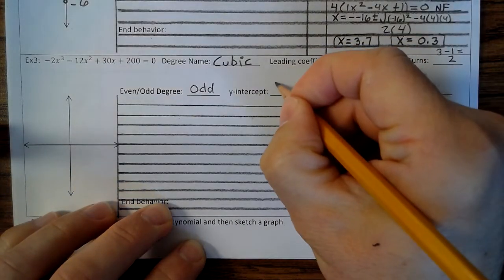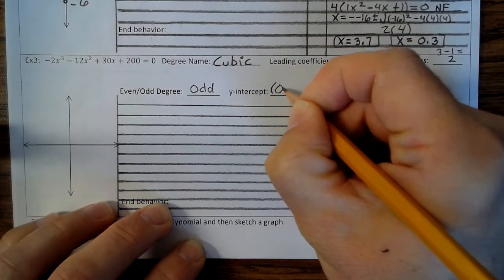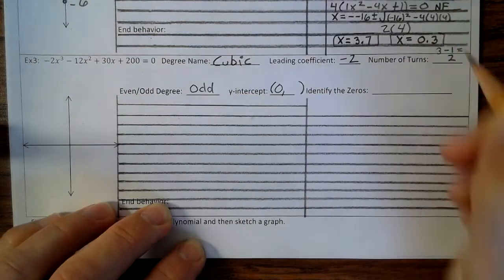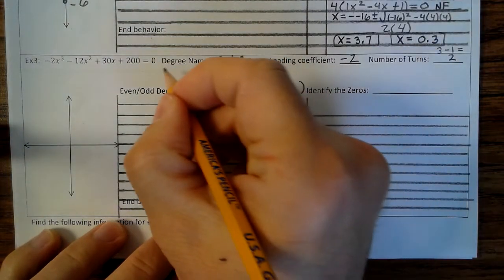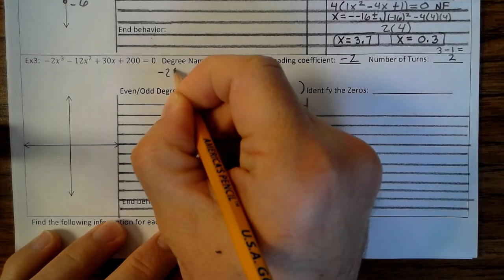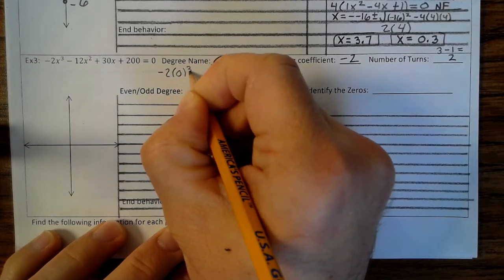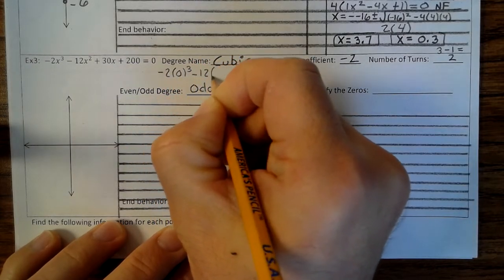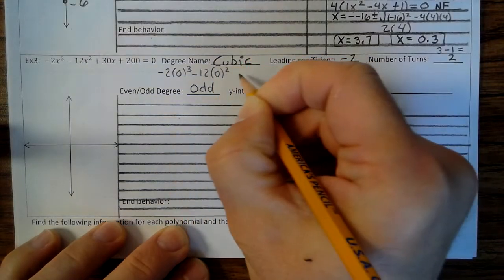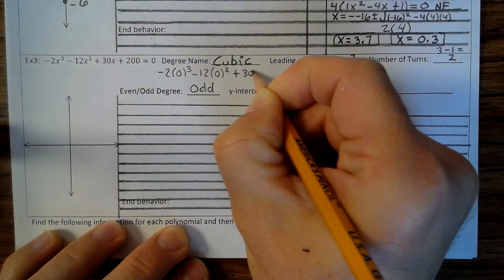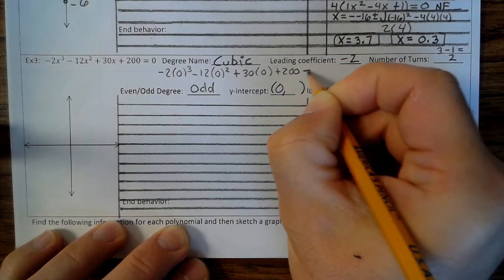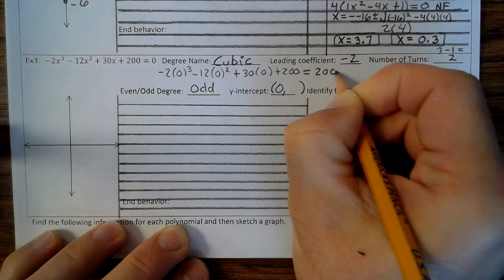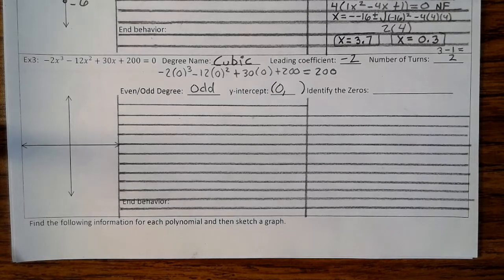The y-intercept is when x is 0. So then that's negative 2 times 0 cubed minus 12 times 0 squared plus 30 times 0 plus 200 equals 200.